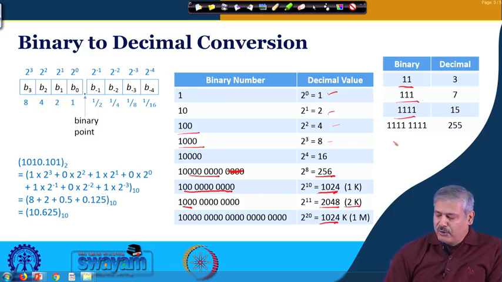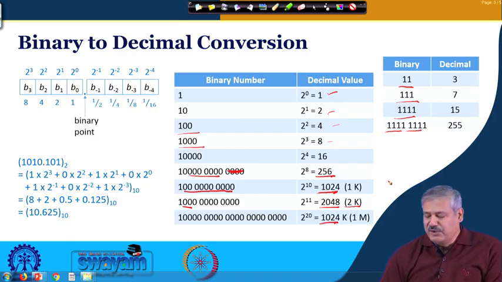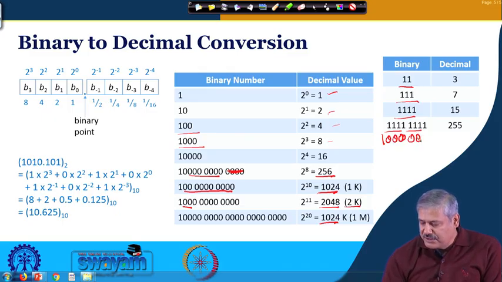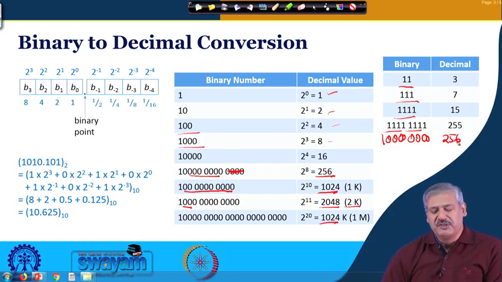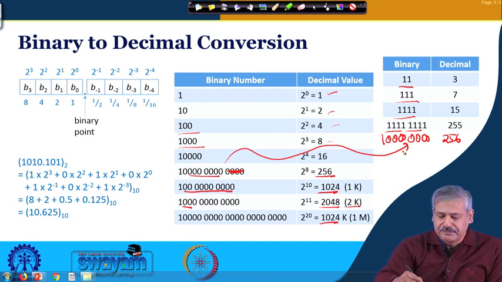So if 8 1s are there, this is 255. If you just increment by 1, the way we have seen with the odometer, what will be the next value? 1 0 0 0 0, 4 zeros here and 4 zeros there. So it gets incremented to 256. This is your 256.